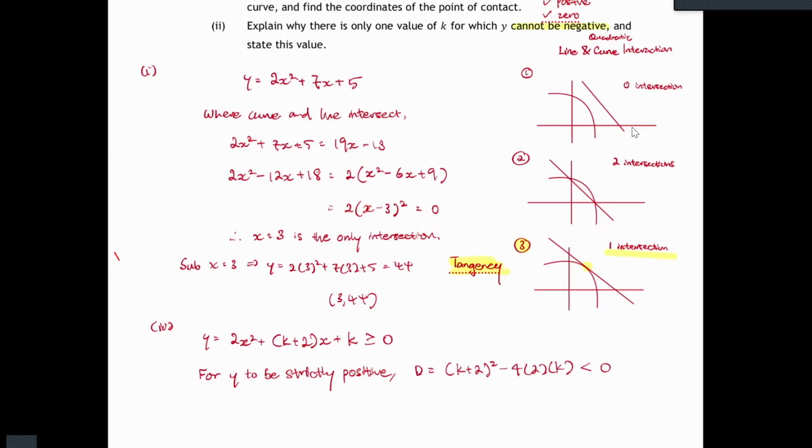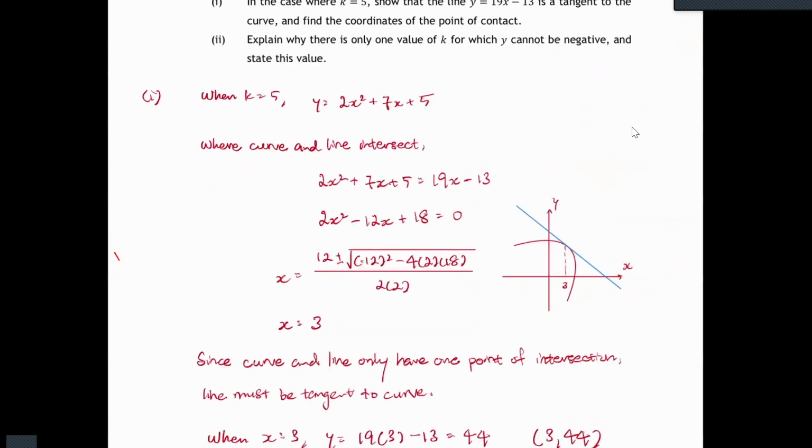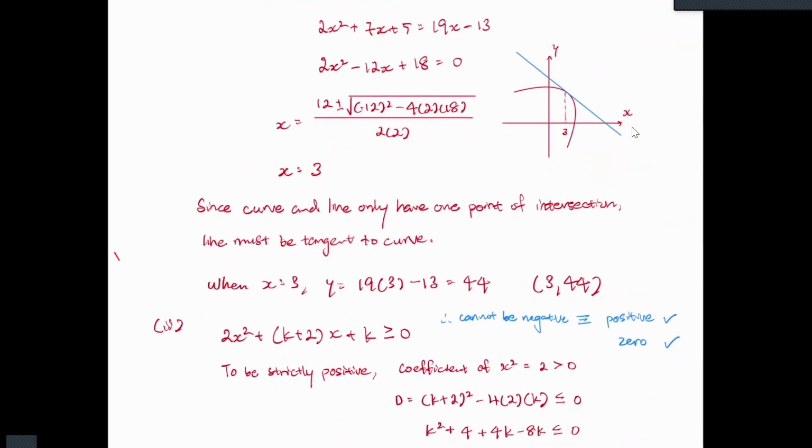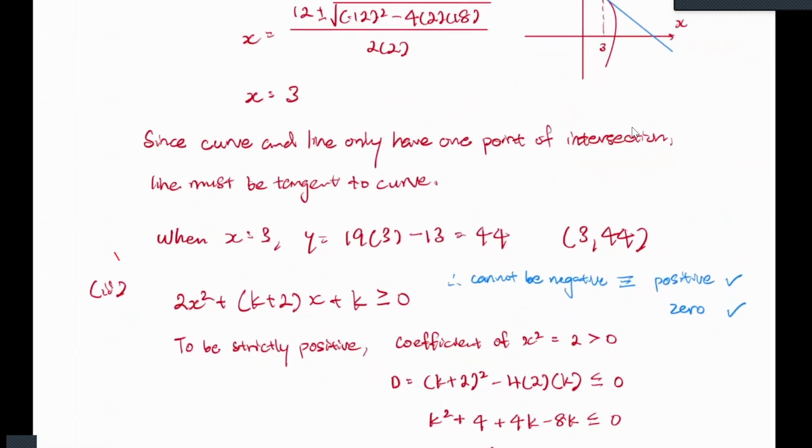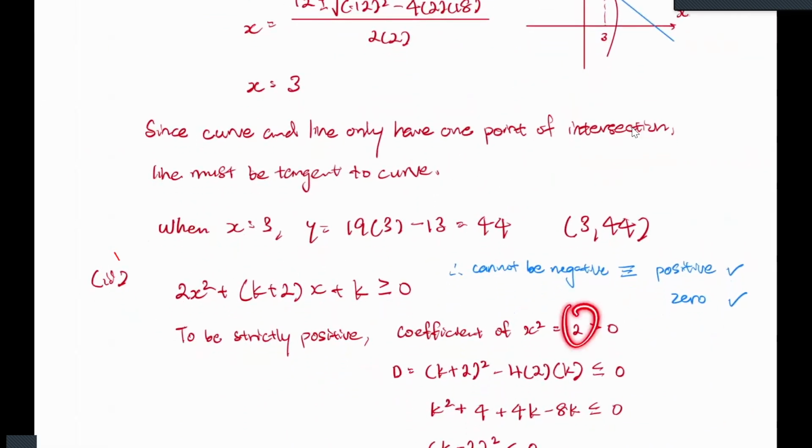So if I combine these two scenarios together, I'll get something like this. If it's strictly positive, the coefficient, clearly we see that it's 2. So it's a smiley face, strictly positive. The discriminant can be less than 0, can also be equals to 0.